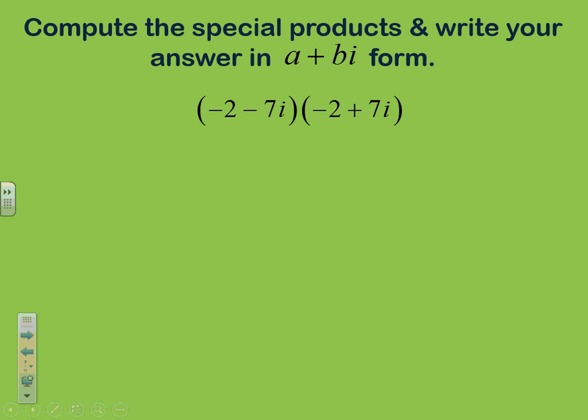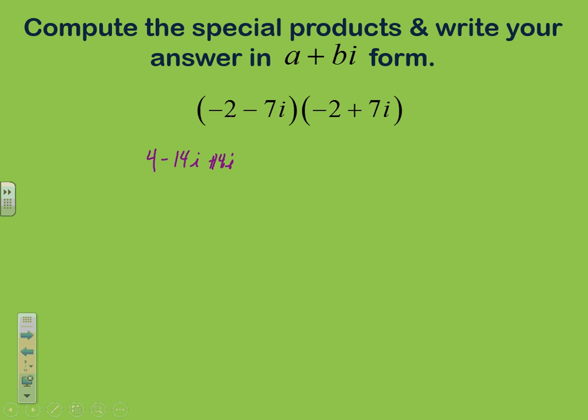Either way, I want to make sure I'm not leaving anybody out. So the negative 2 times negative 2, that's going to be 4. Negative 2 times positive 7i will be negative 14i. And then we'll get a positive 14i when we multiply the negative 7 and the negative 2.